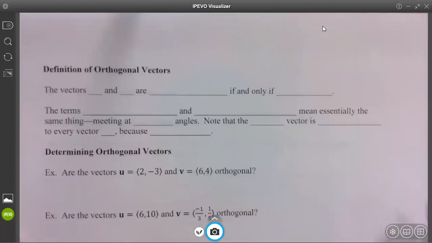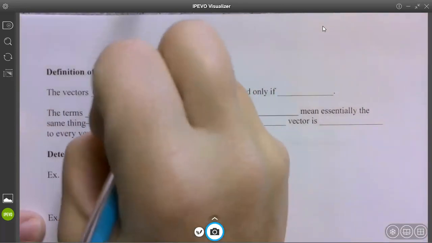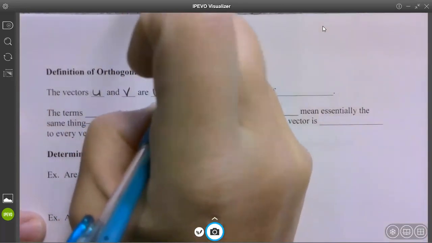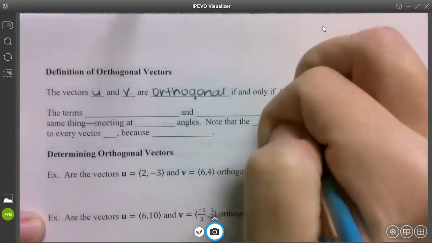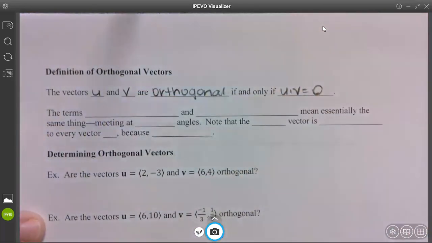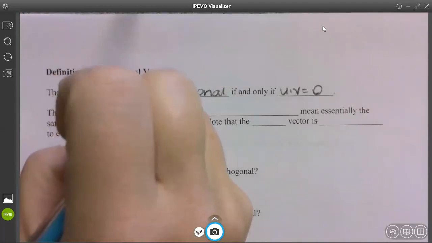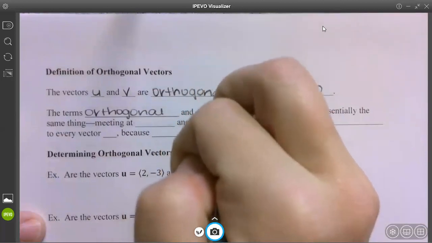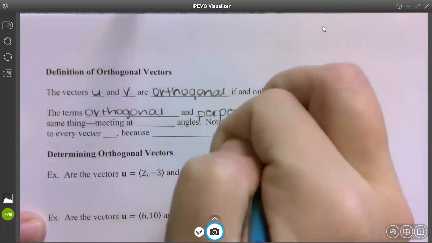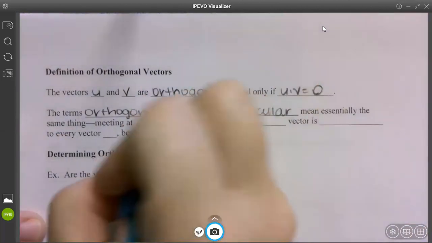Definition of orthogonal vectors. The vectors U and V are orthogonal if and only if U times V gives you 0. The terms orthogonal and perpendicular mean essentially the same thing, meeting at right angles.